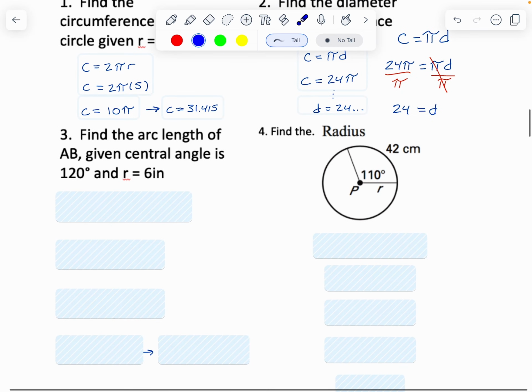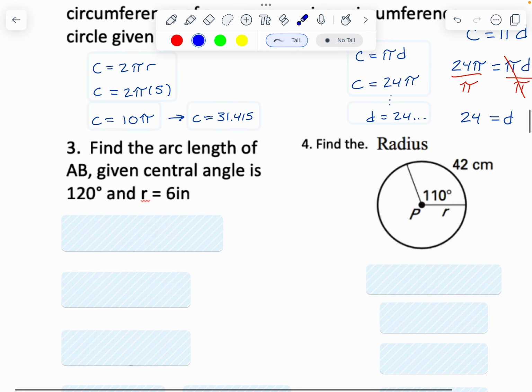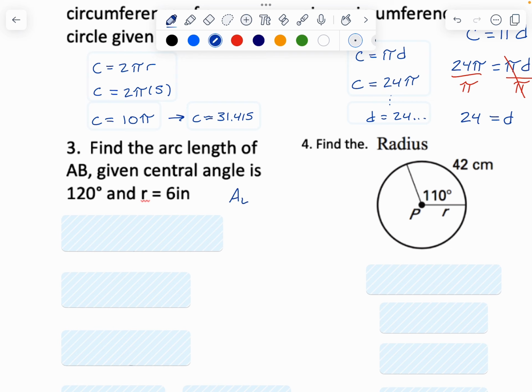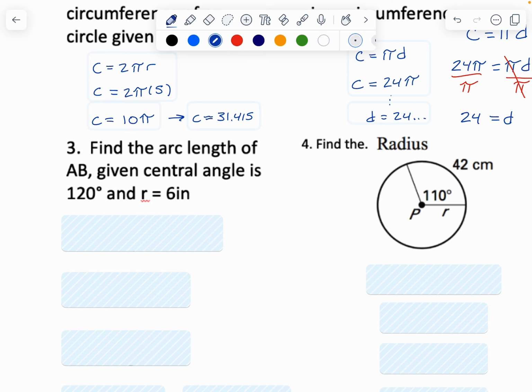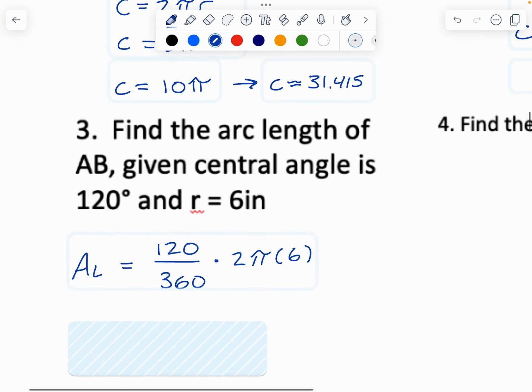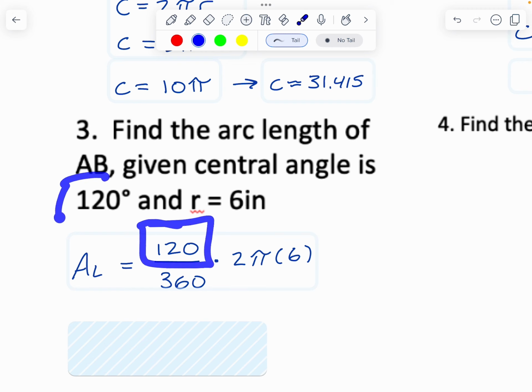Now we're looking at arc length. Our arc length formula: arc length is equal to the measure of our arc, x degrees, over 360 times our circumference. It just depends on what we're given for what we're using here. Based on what I'm given, arc length is equal to x, 120 degrees over 360.